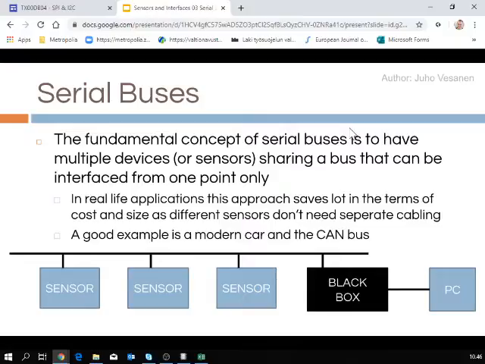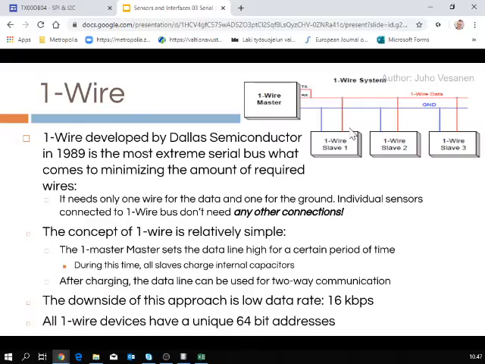And the addressing depends highly on what kind of bus you have. One serial bus is the CAN bus, which is commonly used in most cars. Standardized, industrial standard bus.